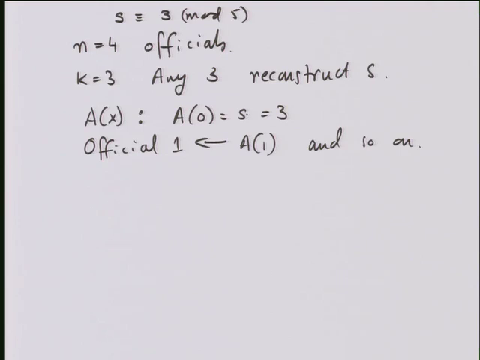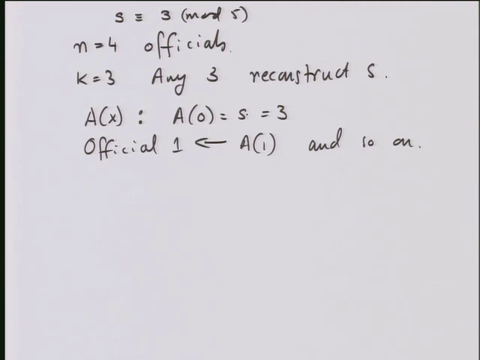What degree do we want to pick this polynomial of? Remember the key property that we want is any 3 of these people should be able to reconstruct S. Each of them has the evaluation of this polynomial at a particular point.